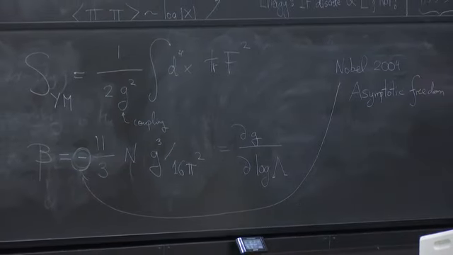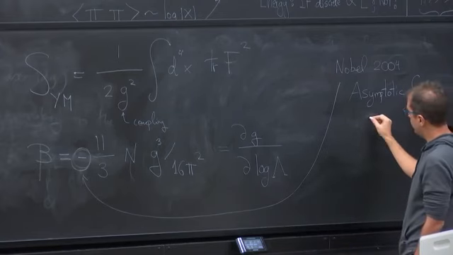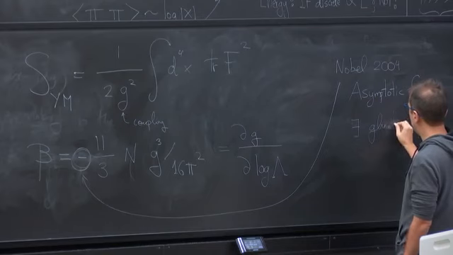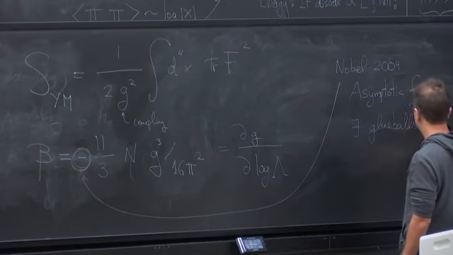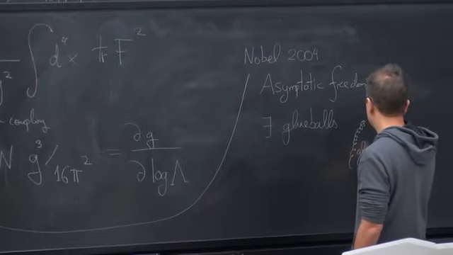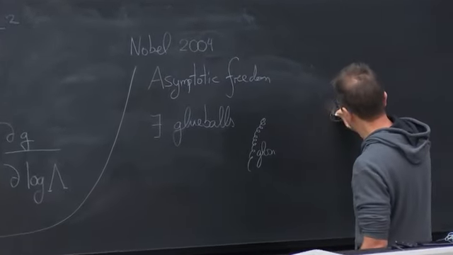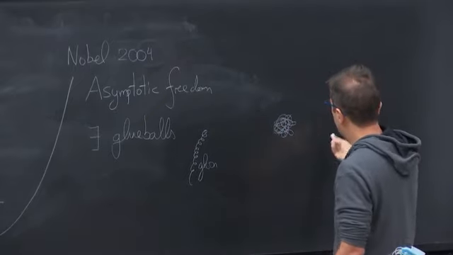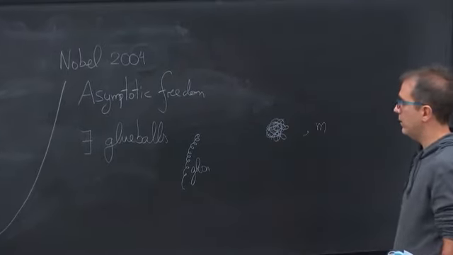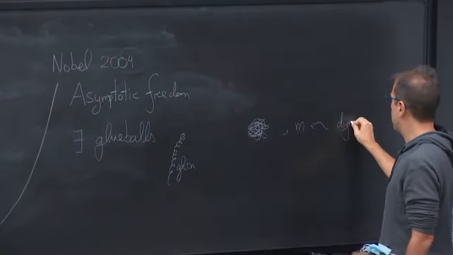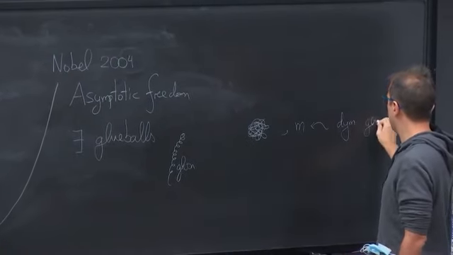And again, here what we expect is that there exist in nature glueballs, which, if this is a gluon, pictorially you can think of it as a ball of gluons interacting, and they have some mass m, and this mass m would be dynamically generated.